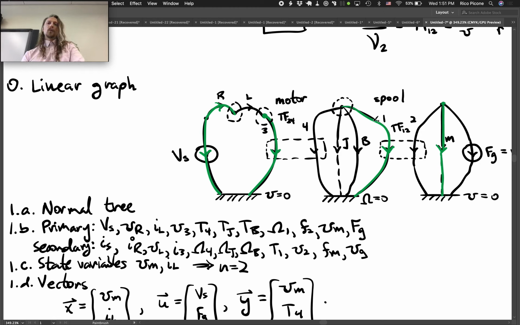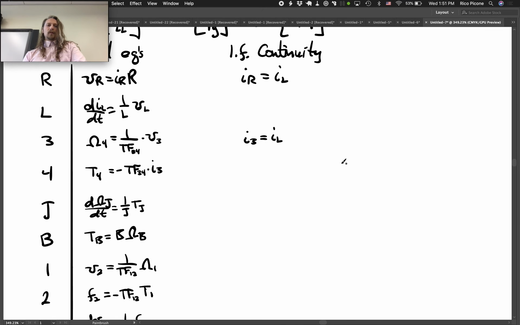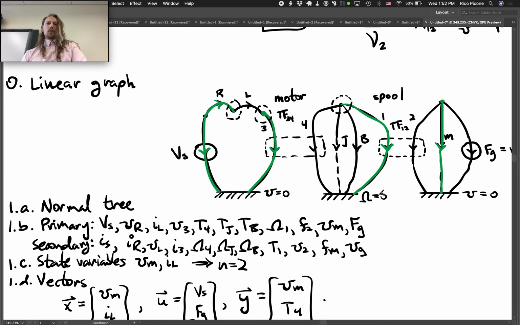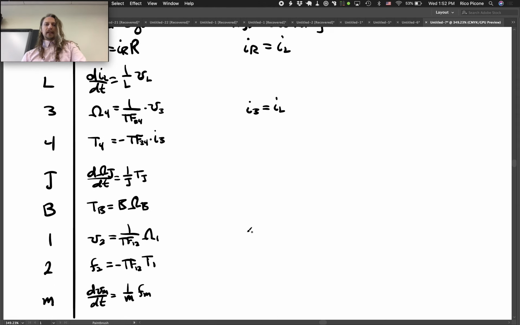So we have T1 equals negative T4 minus TJ minus TB. This is for 1 here.